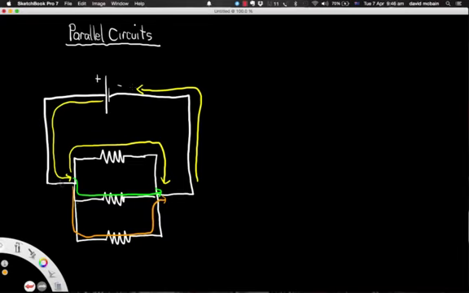So the water would separate like creeks in a river, and then recombine. So the total flow going into our branch must equal the flow coming out of the branch.